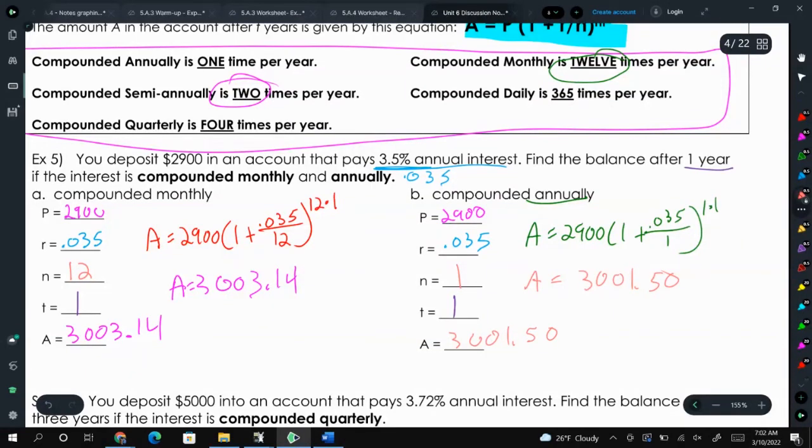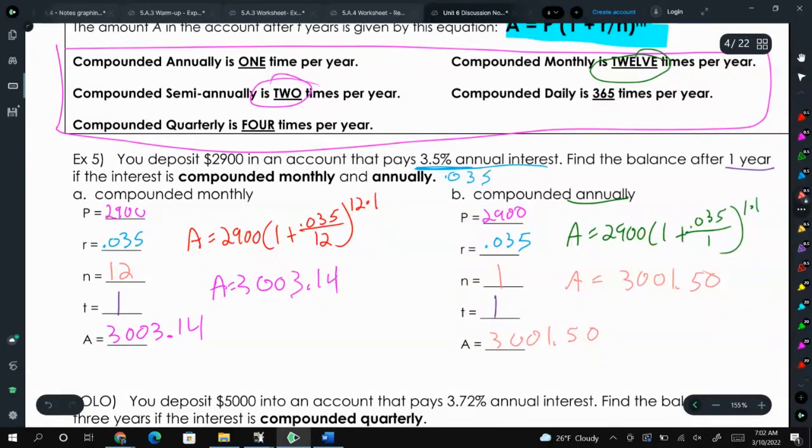So you see we got a little bit more money by compounding monthly as opposed to annually. So if you really write out your information like we did right here, the PRNT, it becomes so much easier to just plug this into your formula and use your calculator. So make sure to please write these things out.